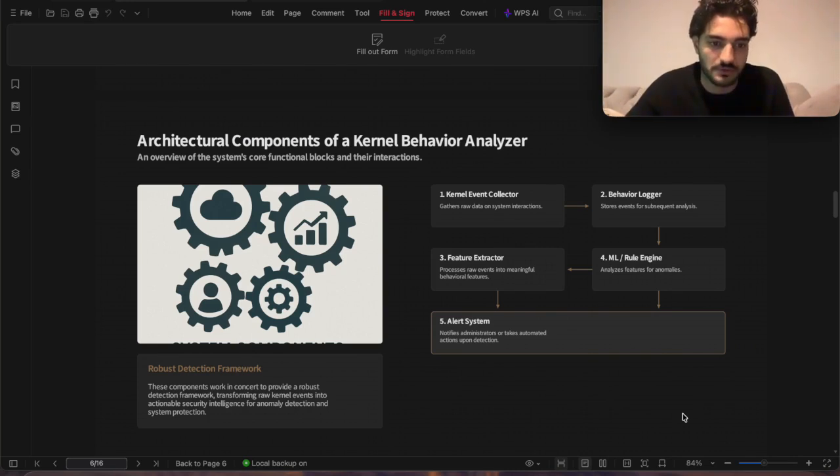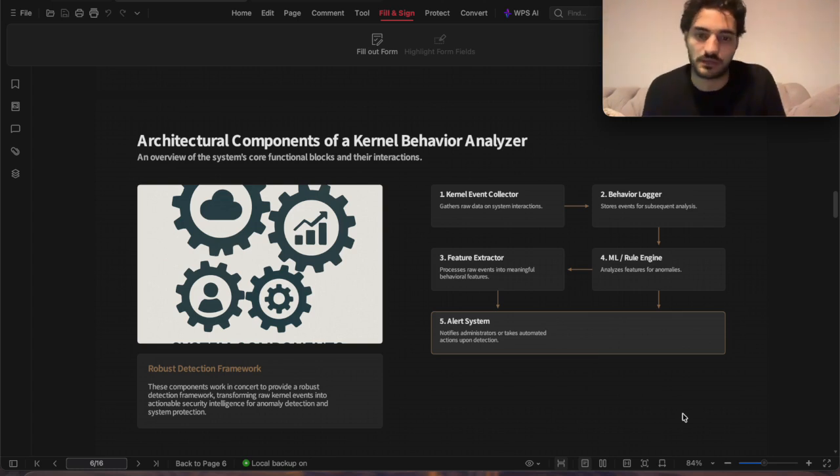I'm going to continue with my slides. The architectural components of the kernel behavior analyzer. It contains 5 steps. Step 1, kernel events collector that gathers the raw data and system interactions. Step 2, behavior logger stores events for subsequent analysis.